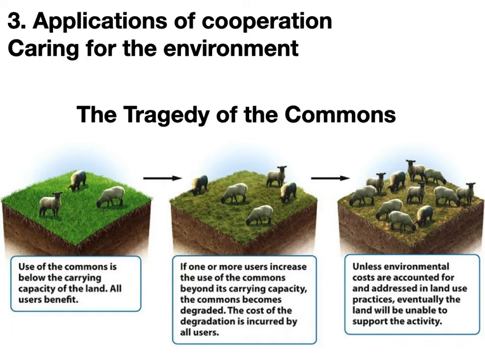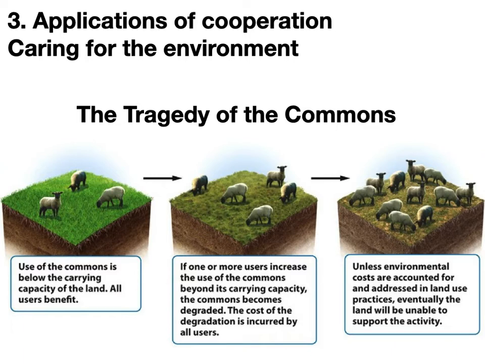Now, this is a problem, right? This is the problem of our time with things like climate change and loss of biodiversity. Unless these environmental costs are accounted for and addressed by the community as a whole, eventually the common resource is going to be depleted and lost.